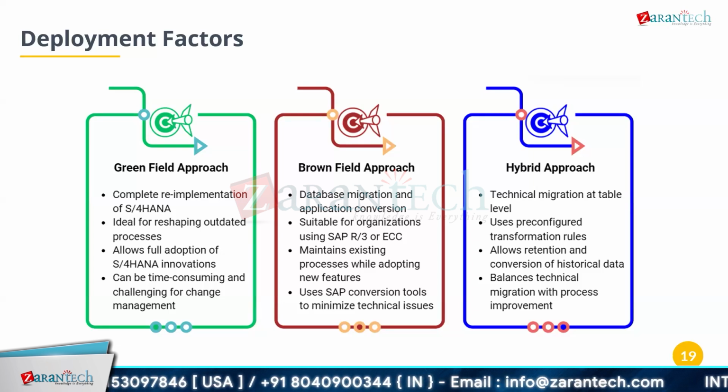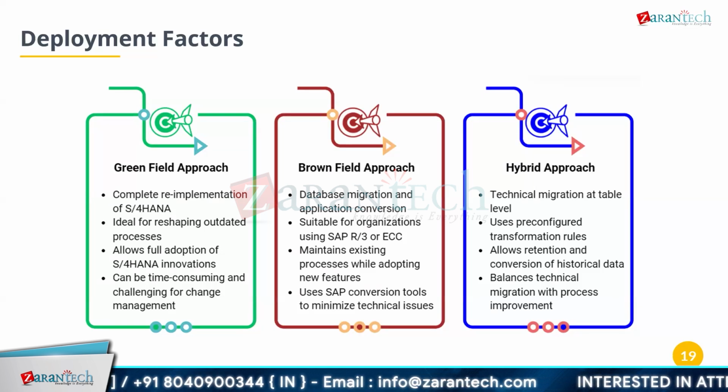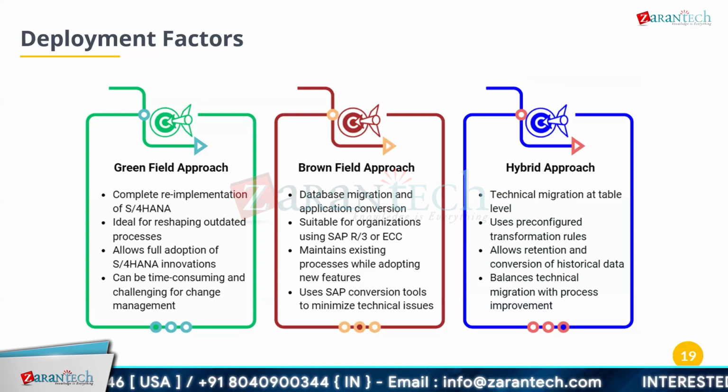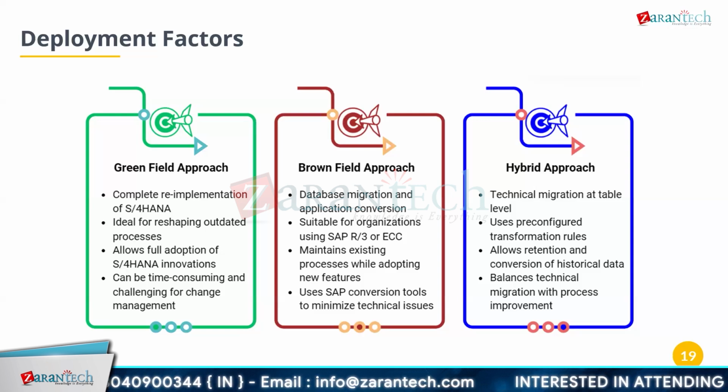Still, they have the conversion tools, and you have to define your strategy for how you want it to move. Even with a 100% standard ECC implementation, that is not supported in S4 completely, because you will have all these standard tables, which again are not available, or some of the fields won't be available in S4. That's why you have to go with the conversion.